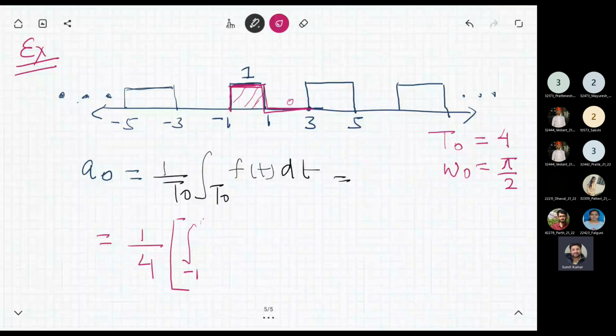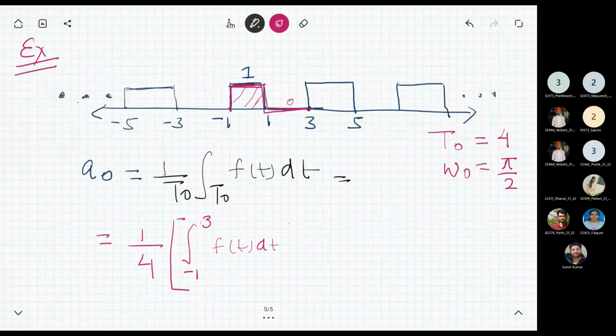I am taking -1 to 3, or you can also take -2 to 2, that is also valid. But I take -1 to 3. So from -1 to 3 you have to do f(t) dt, and that is going to be equal to 1 by 4, and this integration has to be broken. So, sorry, from where to where will this be?